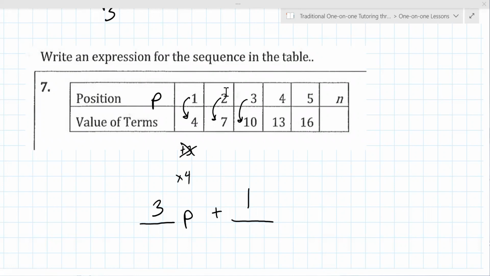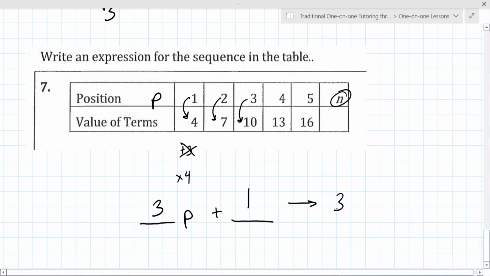Okay, so what is 3 times 2 plus 1? 3 times 2 is 6, and then 3 times 3 is 9 plus 1. Oh yeah, it would work. It has to work for all of them though. And sorry, they use N, not P, so I guess we need to change that to N, but that would be the possibility.